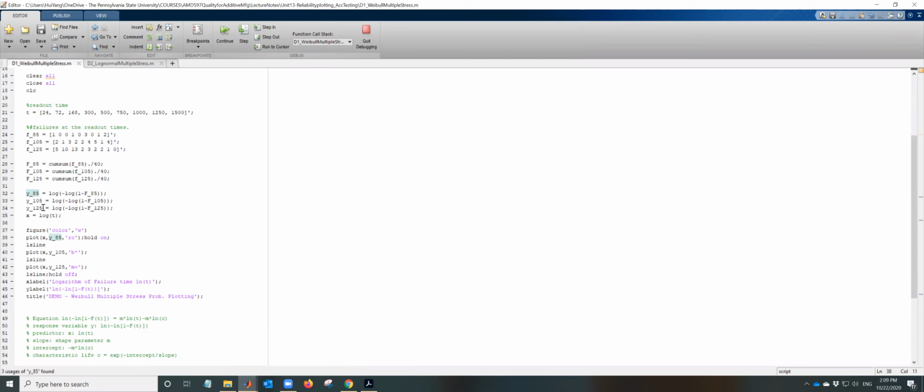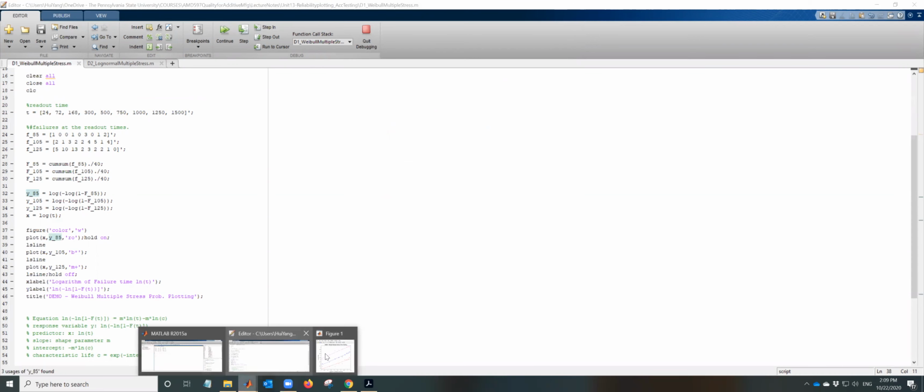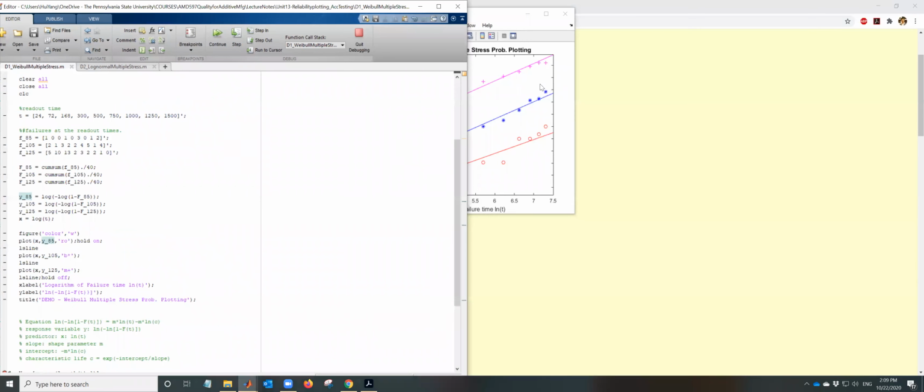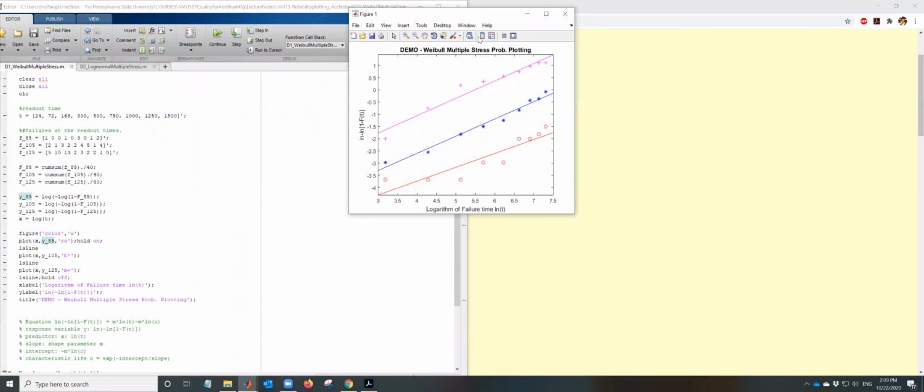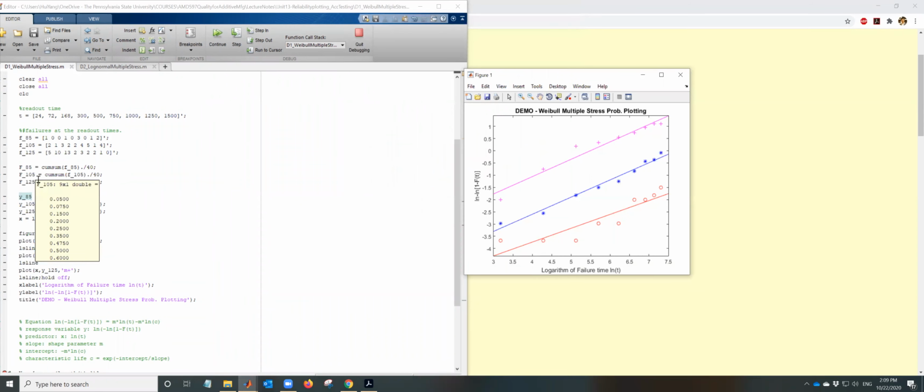When you plot, let me put this right here. You see here, this is log minus log 1 minus F(t), right? And this should be, I have this sign here. Why is the label not right? Maybe I put this one. It will work.